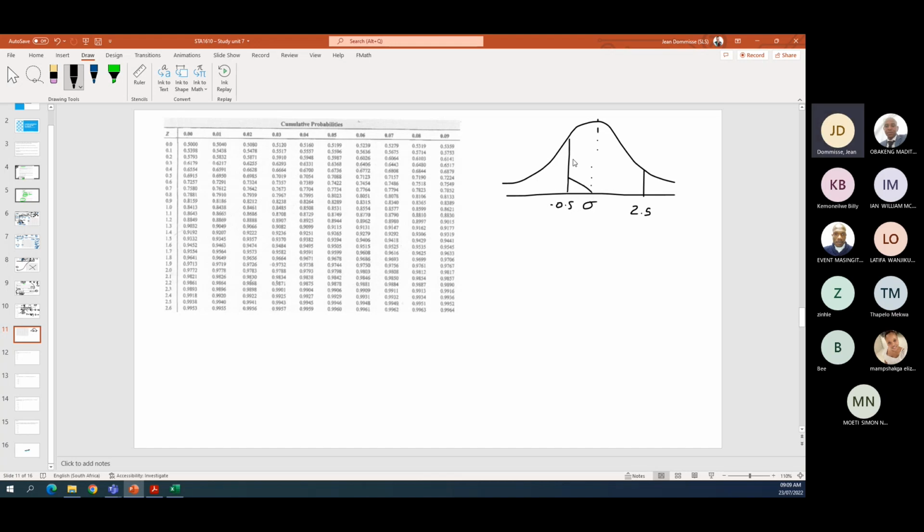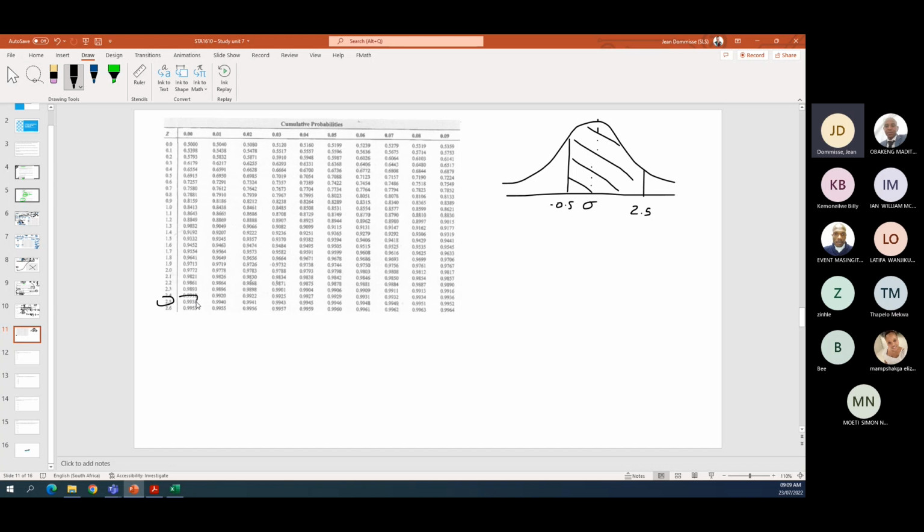Okay, so now we need to get this probability. I've just copied the positive one. So let's first get the 2.5.